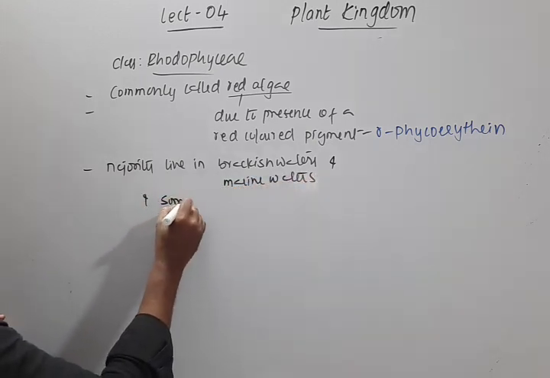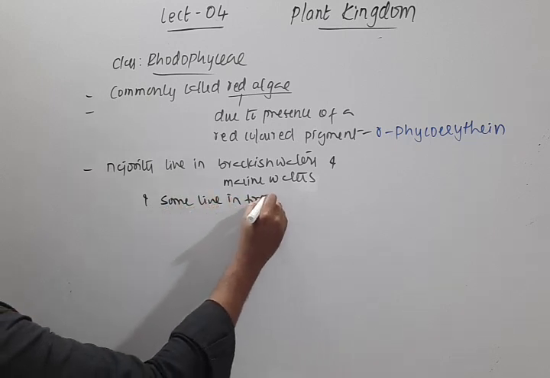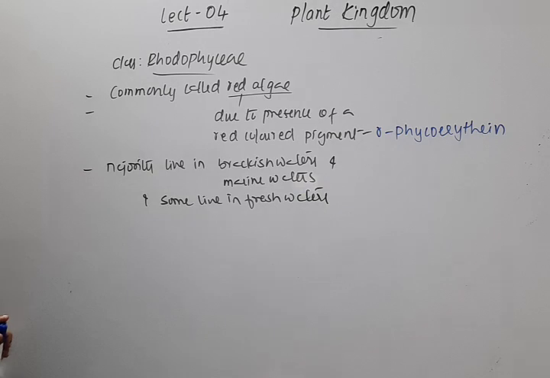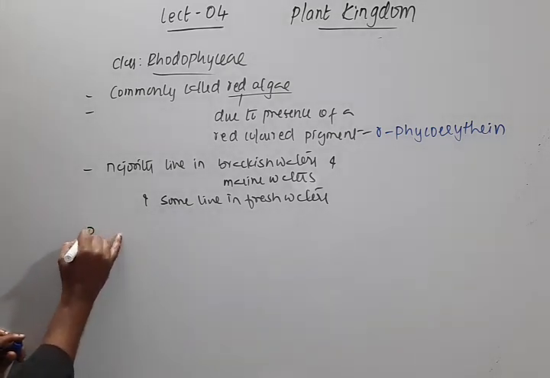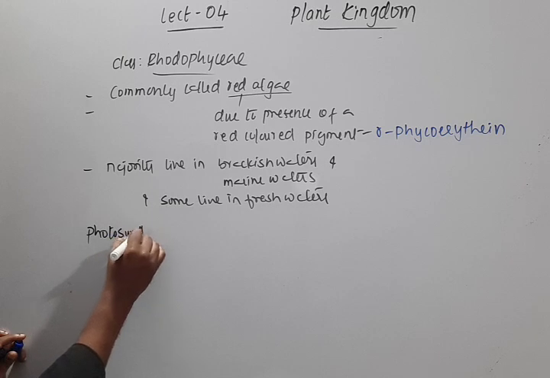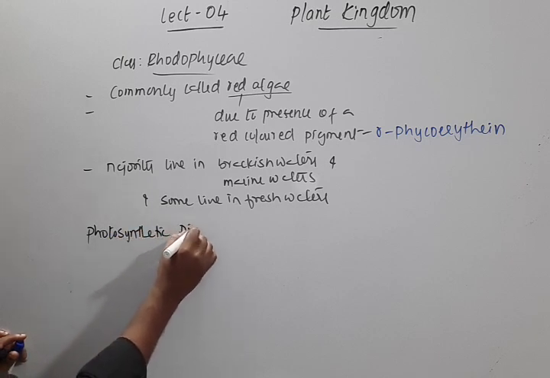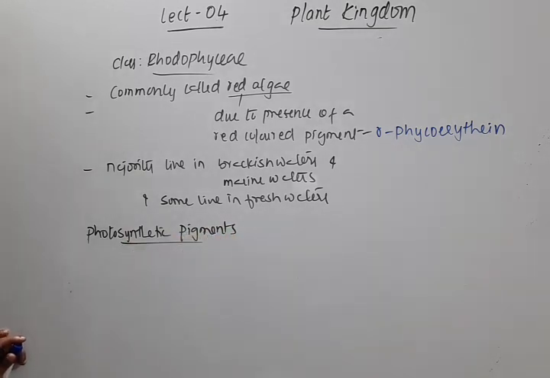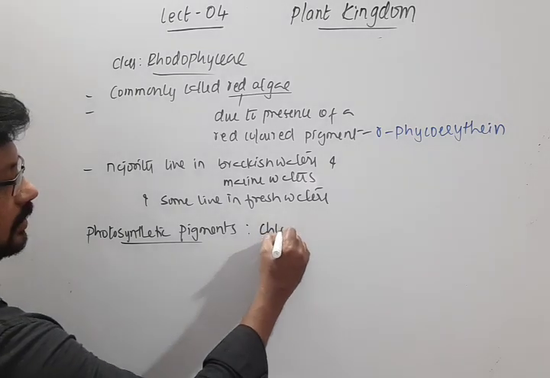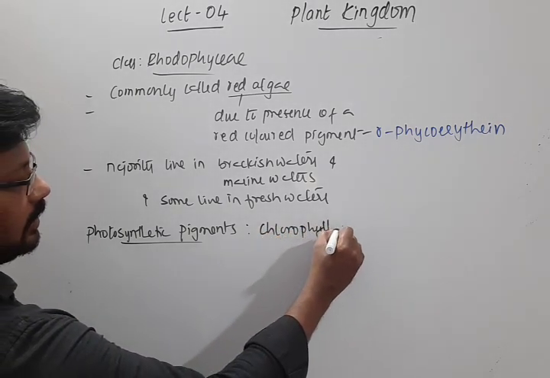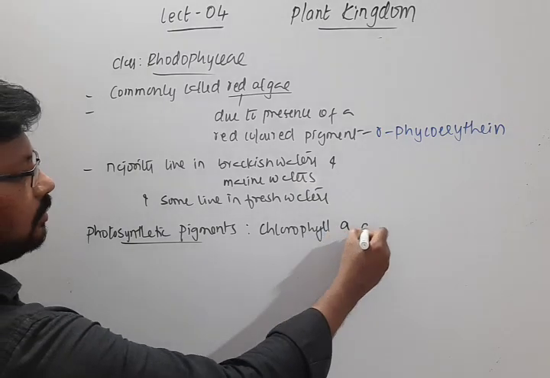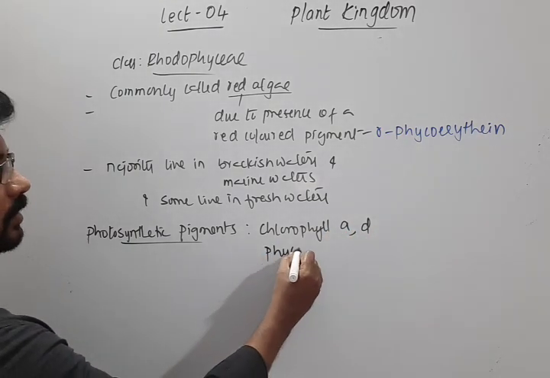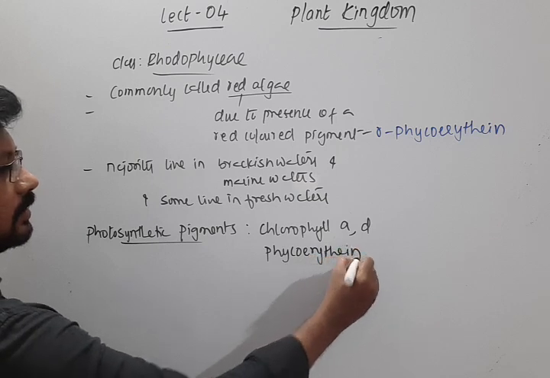Coming to the photosynthetic pigments, the pigments in this group include chlorophyll A, chlorophyll D, and also phycoerythrin.